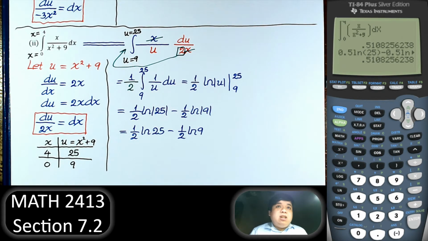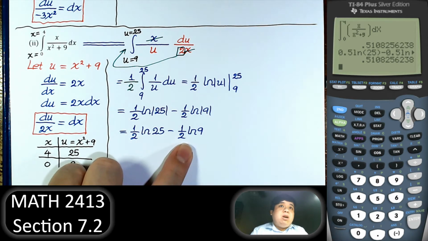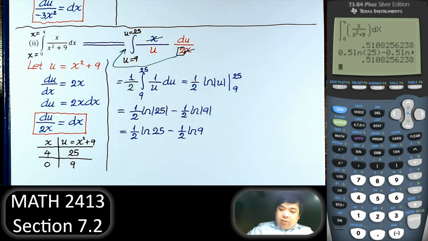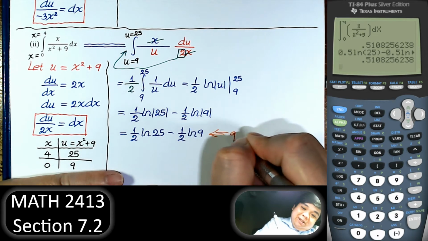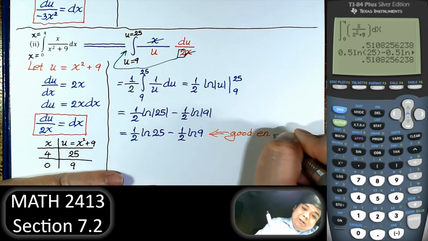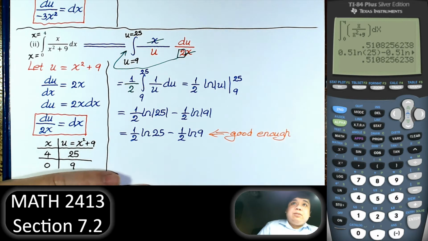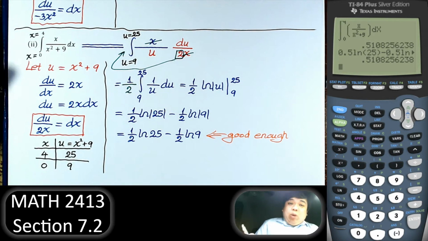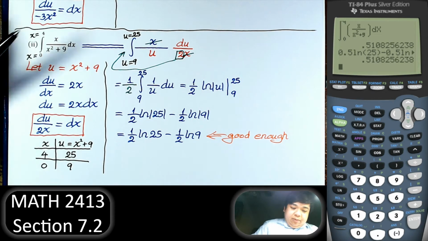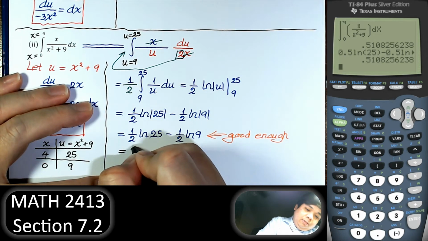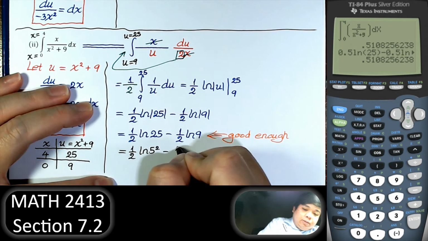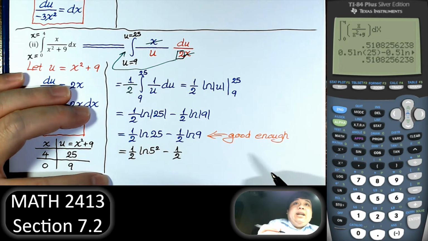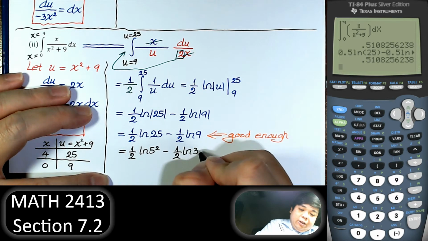However, we can simplify this. What we can simplify is this 25 and 9. Those are perfect squares, right? By the way, let me be clear that this is good enough. Now what we can do is 5 squared for 25 and 3 squared for 9.